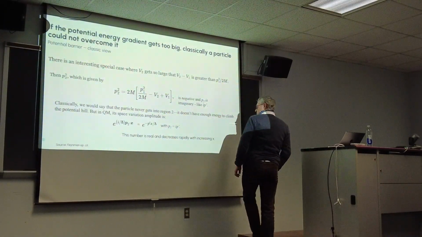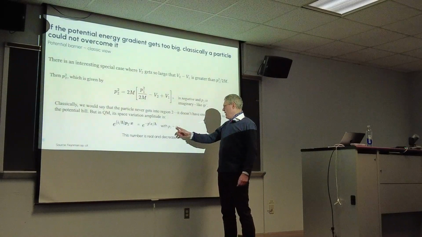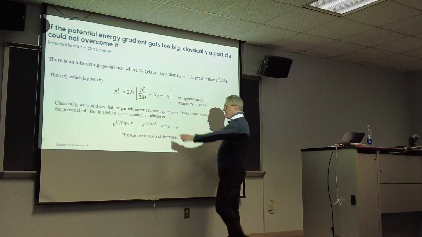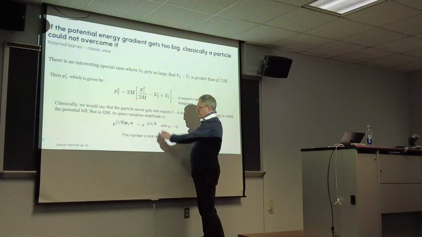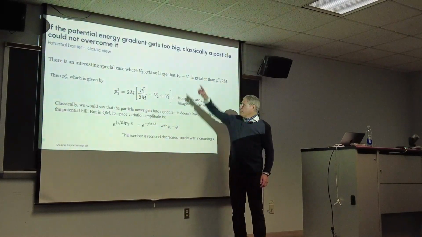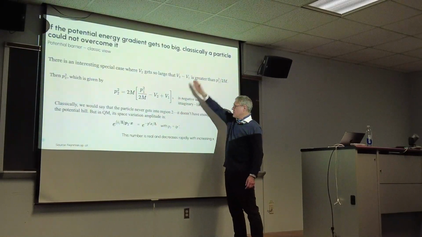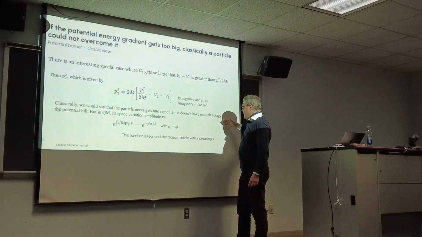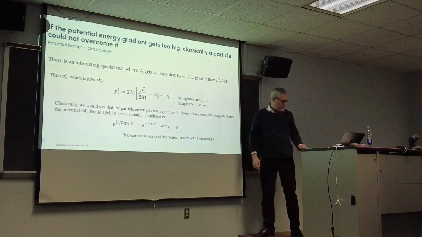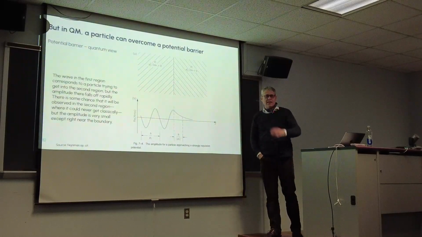What that means is this is a real number, because I have minus here, and it decreases rapidly with increasing x. So the function goes like this, an e function with a negative exponent. Here's x, and as x gets bigger, it very rapidly declines, but it doesn't go to 0. That's why a particle in quantum mechanics can overcome a barrier.